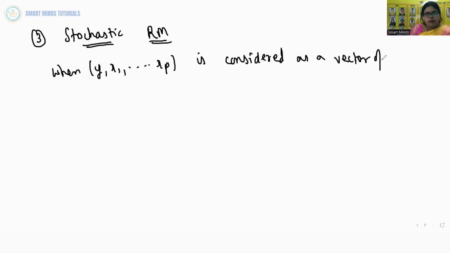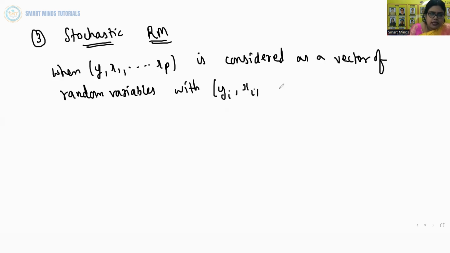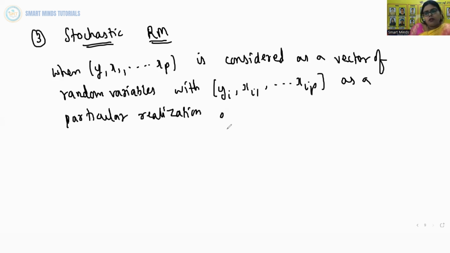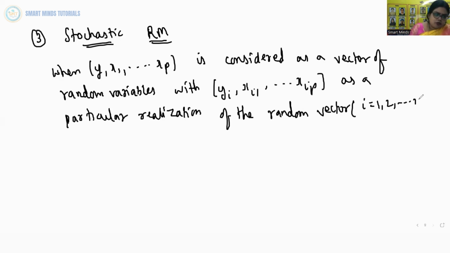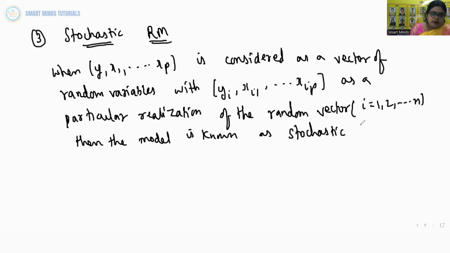When y, x1, so on up to xp is considered as a vector of random variables, with yi, xi1, so on up to xip as a particular realization of the random vector, where i takes values 1, 2, so on up to n, then the model is known as stochastic regression model.